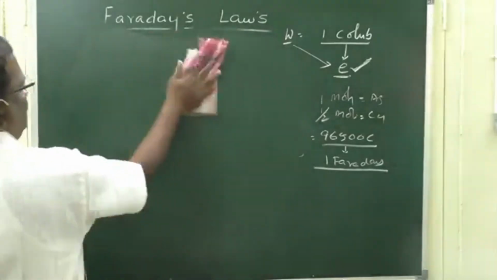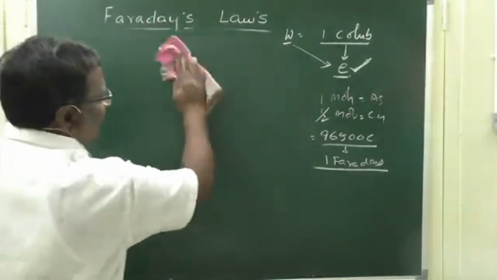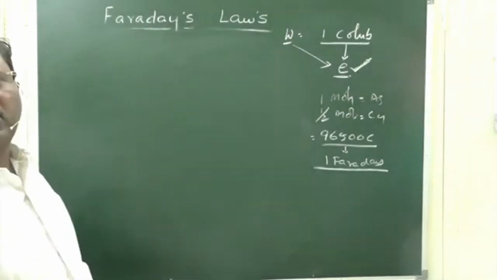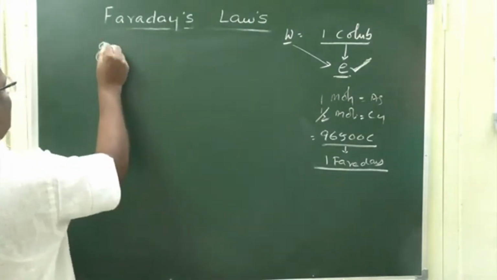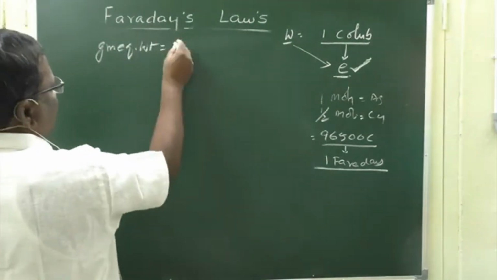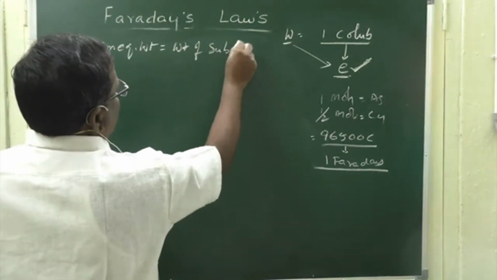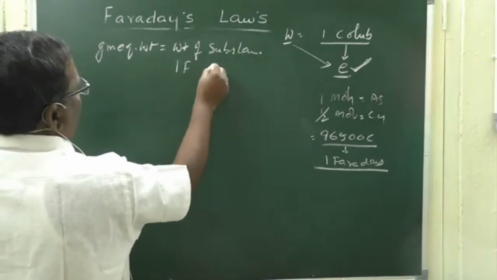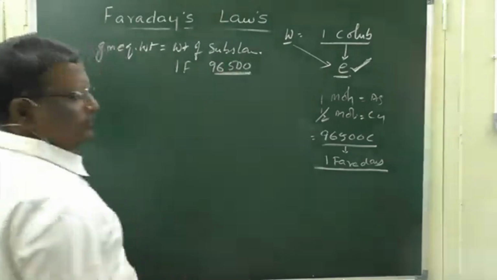That is, the weight of the substance deposited by 1 Faraday of electricity is nothing but the gram equivalent weight of that substance. So, the gram equivalent weight of a substance is nothing but the weight of the substance deposited by 1 Faraday, or 96,500 coulombs.